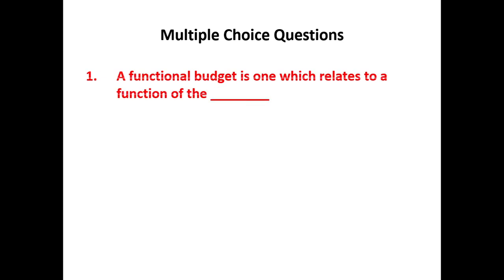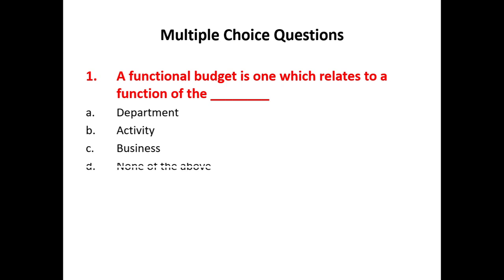Next, multiple choice questions. The first one is, a functional budget is one which relates to a function of the dash. Options are department, activity, business, none of the above. The right answer is business.